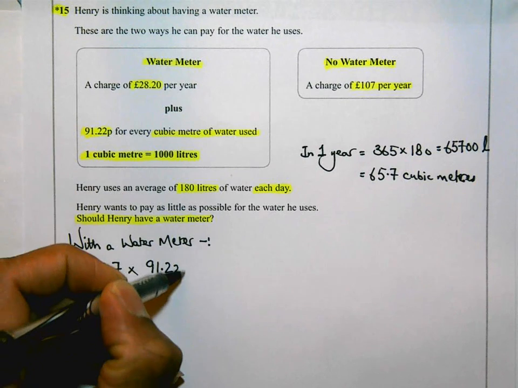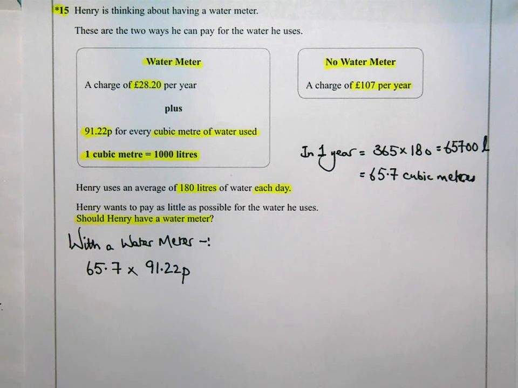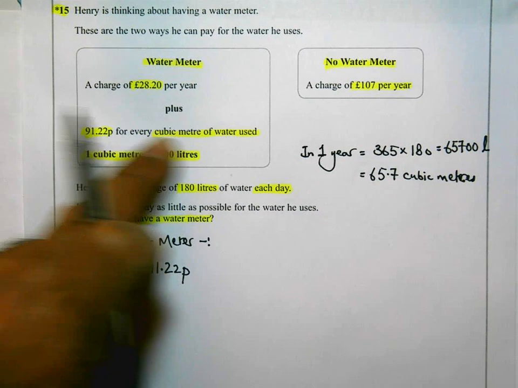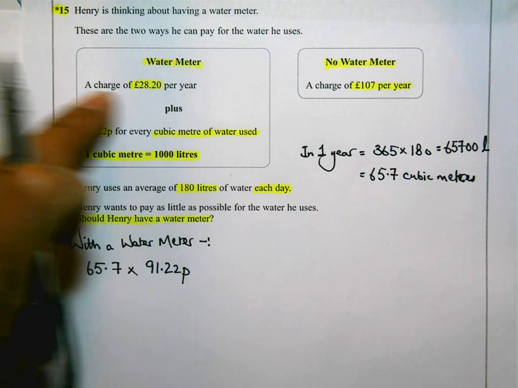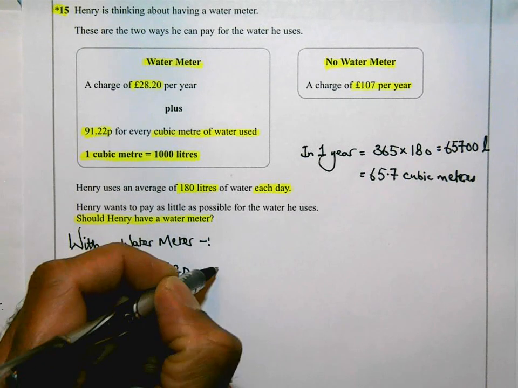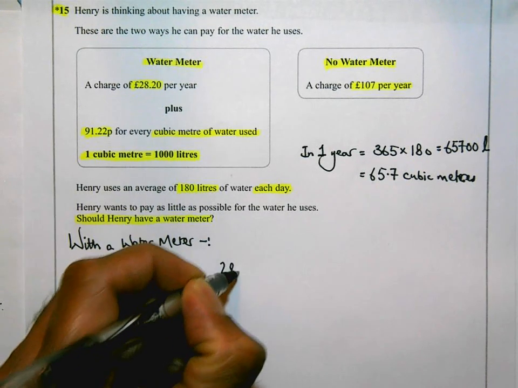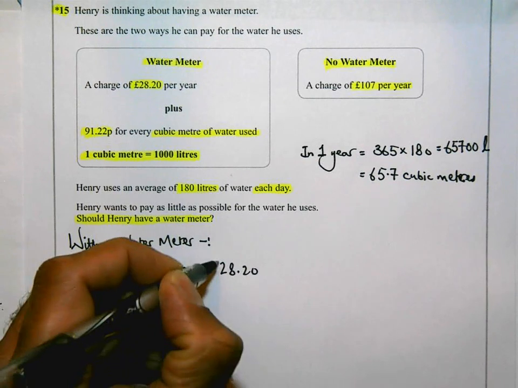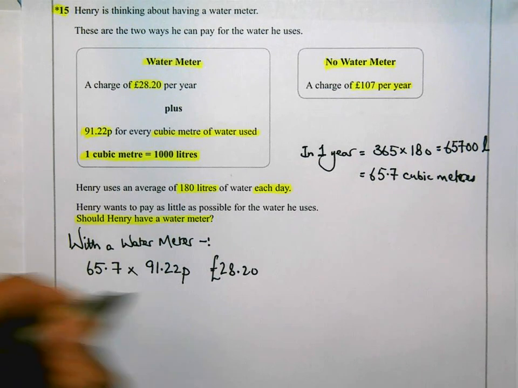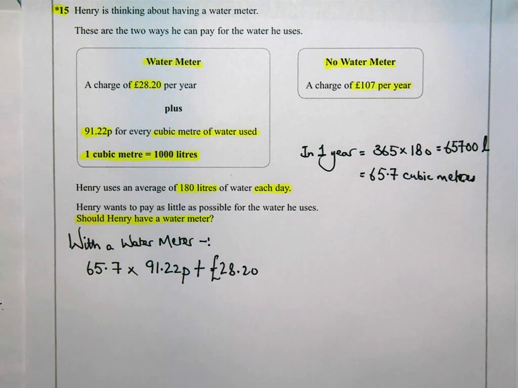Now I'm keeping the units in here because I think we're going to have a mixture of pounds and pence in this calculation, because not only does he pay for the water, but he actually pays a charge of £28.20. So I'm going to add a charge of 28.20.